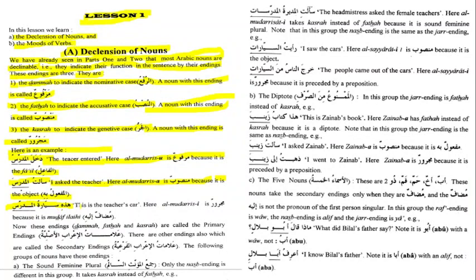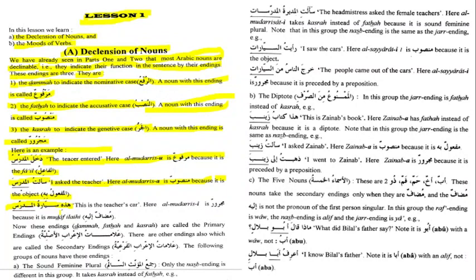This is a jumla ismiya. هذه is your mubtada, and then سيارة, but in this case هذه is مبني, so this is في محل رفع مبتدأ, and then سيارة is your khabar, and it is also marfu', but it is not mabni. This is mu'rab. It is marfu'un bidhamma.